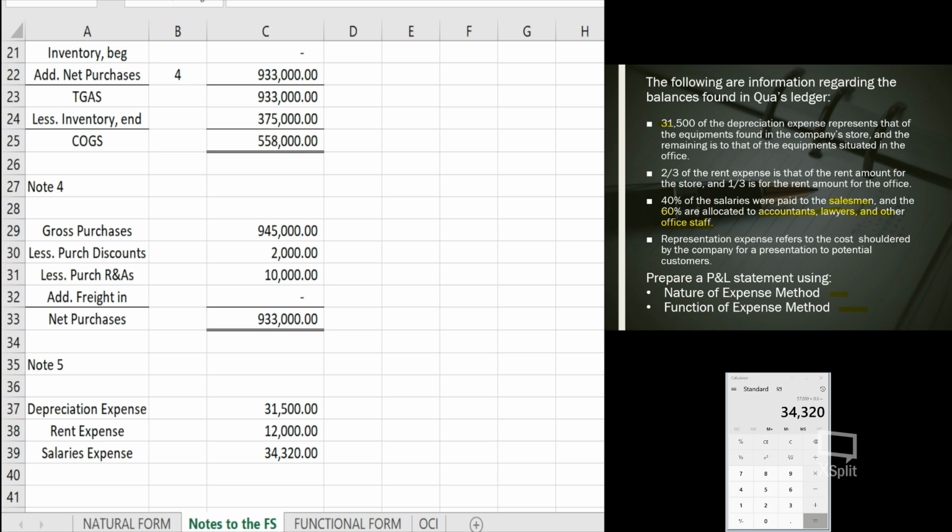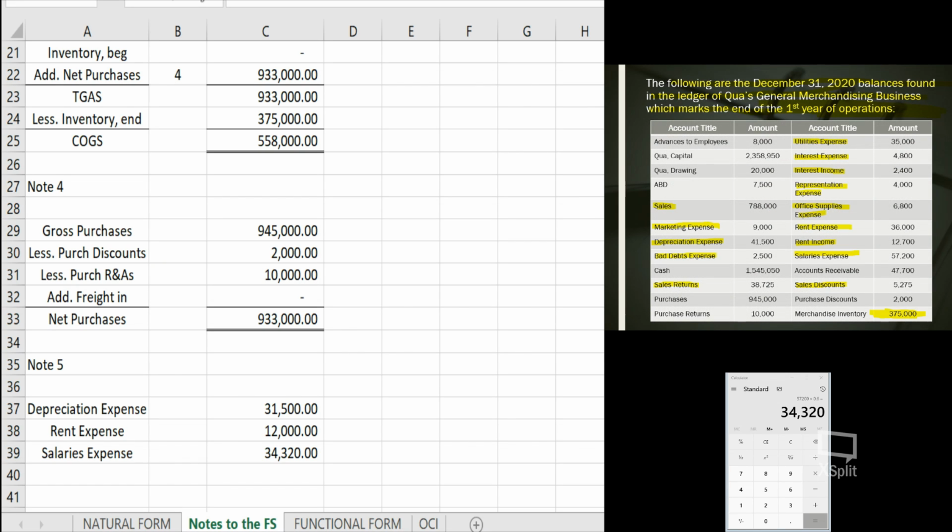So, this will form part of our selling expenses. Okay? Now, tignan pa natin sa mga expenses kanina kung ano ba yung magfo-form part ng ating general and administrative. So, marketing expense, this is a selling expense. Siyempre, nagma-market ka para tumaas yung sales mo.